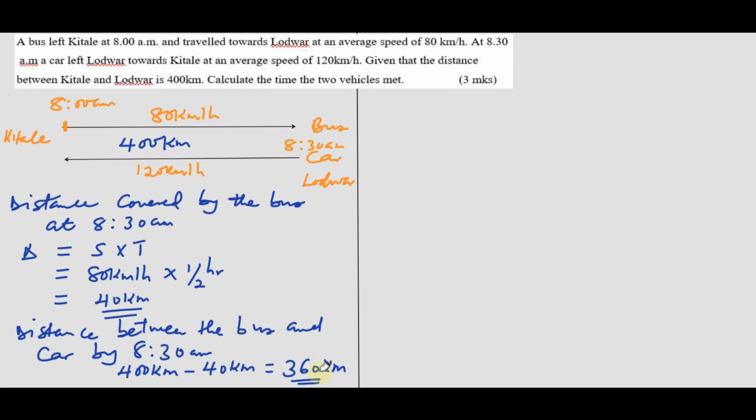So the next thing we need to get is the time used to meet. We obtain this by getting the distance between them divided by the speed. So the speed you're going to use is what we call the relative speed.